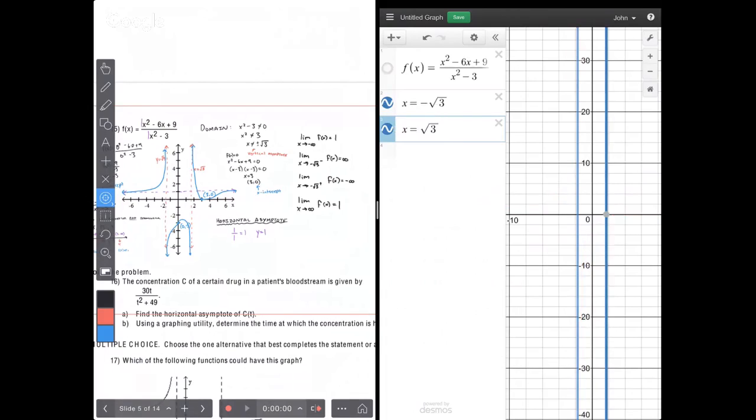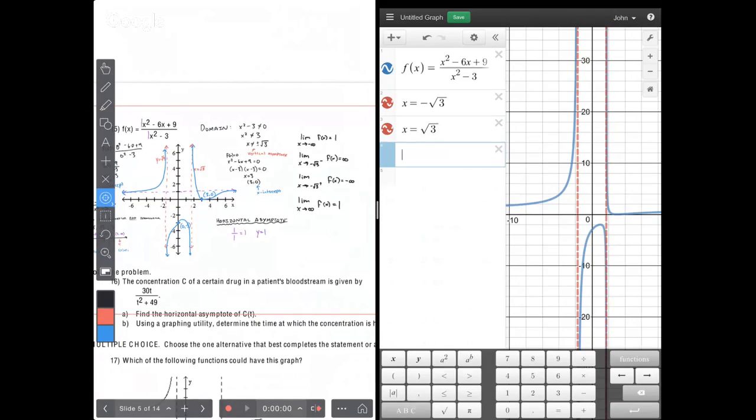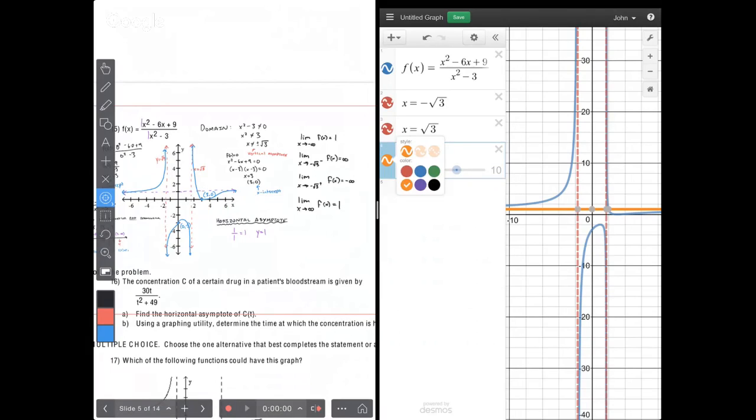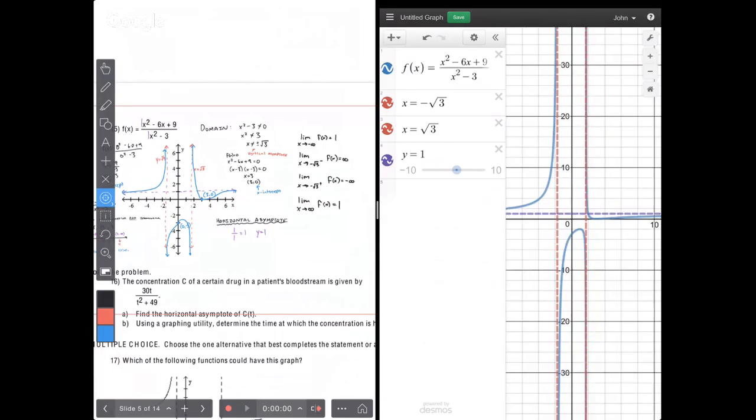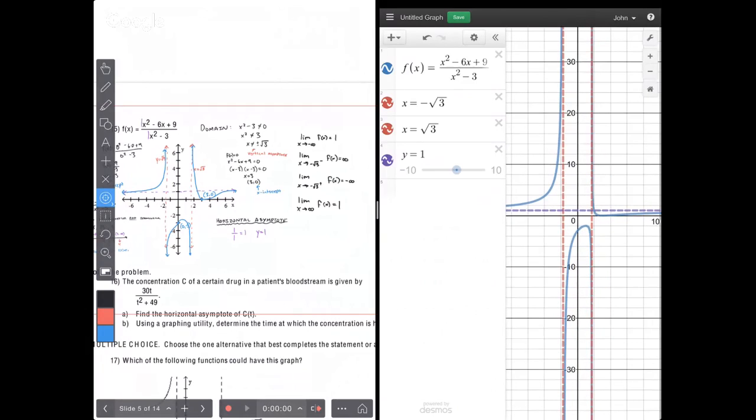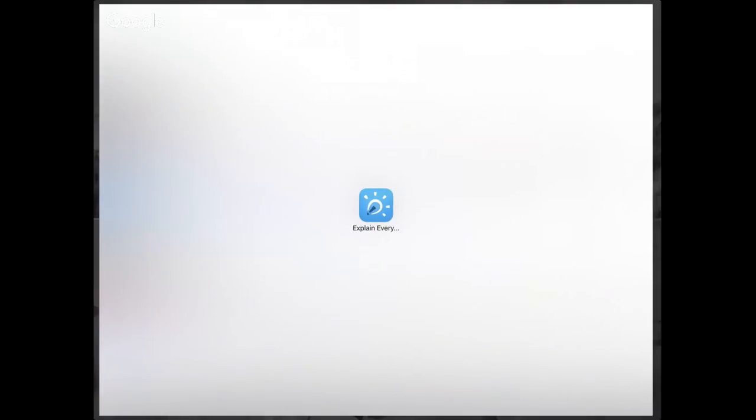I'm going to change this function to blue like I used, and here to red with dashed lines, and y equals 1, also purple and dashed lines, just like I did. Cool, there it is. So with or without Desmos, all things you should be able to do.